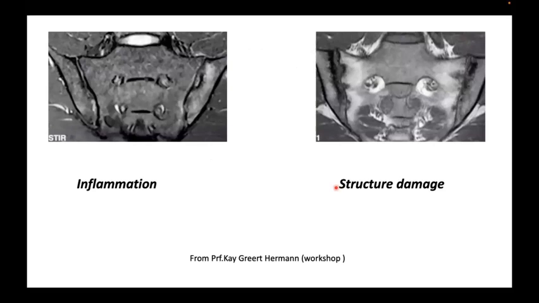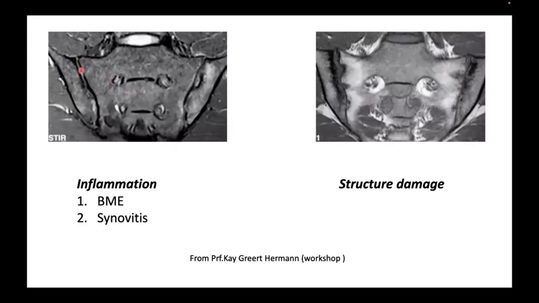That's why you need something which we call other points in the MRI. They support sacroiliitis in axial SpA, although they are not mandatory. For inflammation, in addition to bone marrow edema that I mentioned, you can see synovitis.